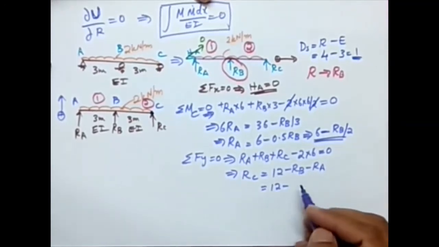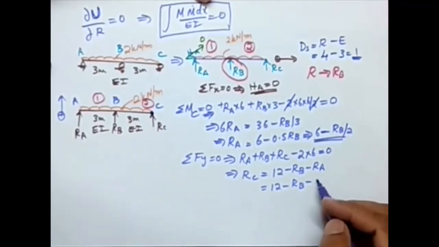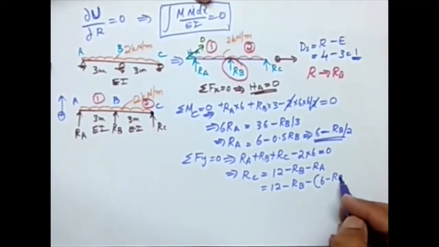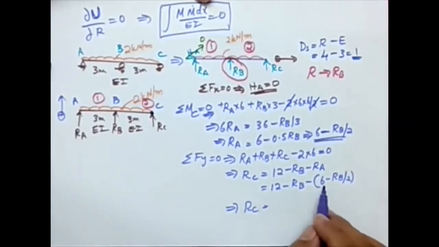That is 12 minus RB, and RA is 6 minus RB by 2. Which will give me 12 minus 6, 6, minus RB, and minus of minus RB by 2, that is plus.